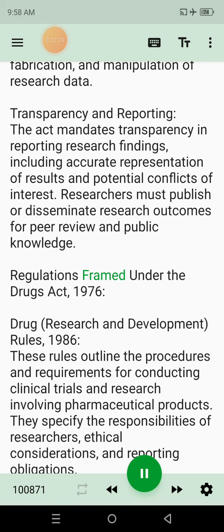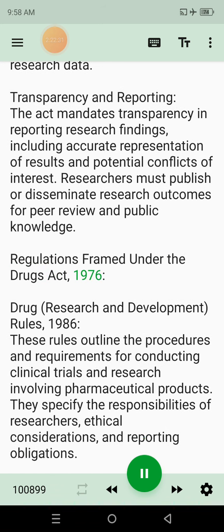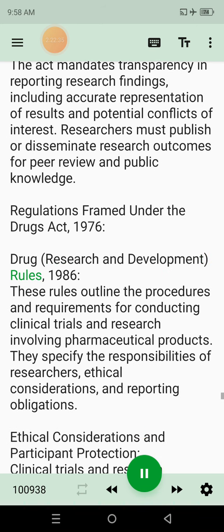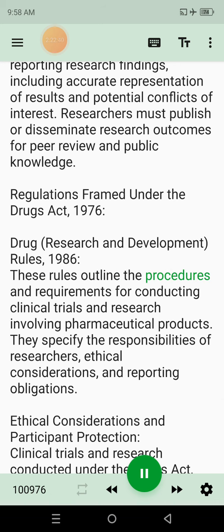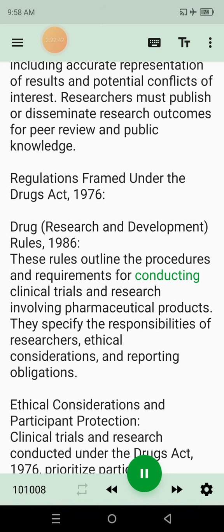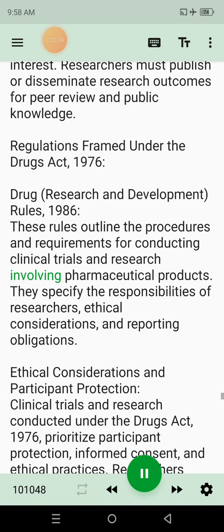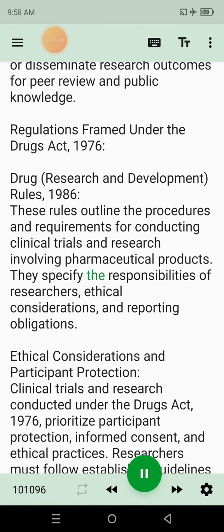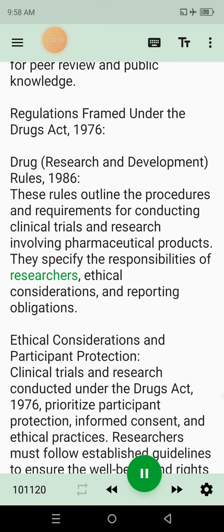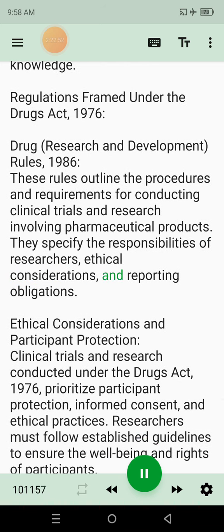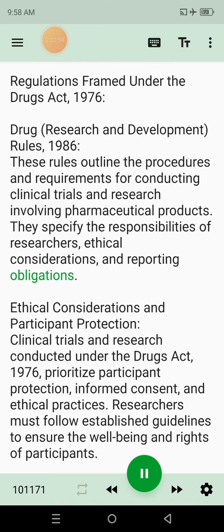Regulations framed under the Drugs Act, 1976: Drug Research and Development Rules, 1986. These rules outline the procedures and requirements for conducting clinical trials and research involving pharmaceutical products. They specify the responsibilities of researchers, ethical considerations, and reporting obligations.